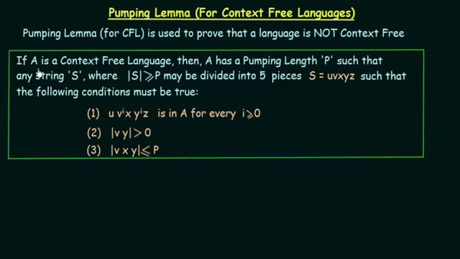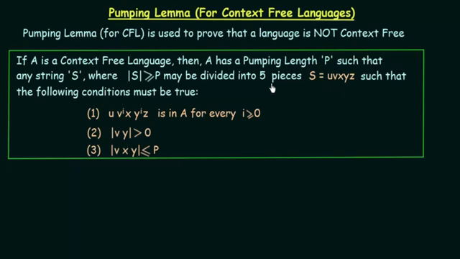So let's say that we have a language called A. If A is a context-free language, then A will have a pumping length P. We don't know what the pumping length P is, but it will have some pumping length such that any string S from this language A, where the length of S is greater than or equal to the pumping length P, can be divided into 5 pieces such that S equals UVXYZ.